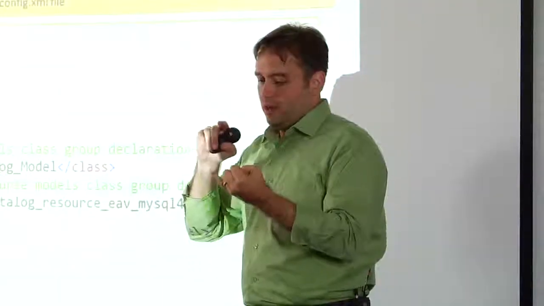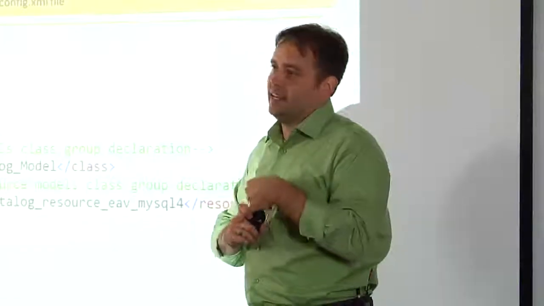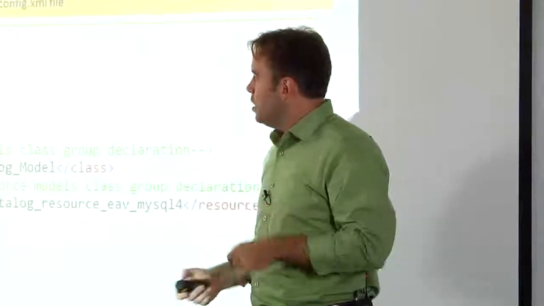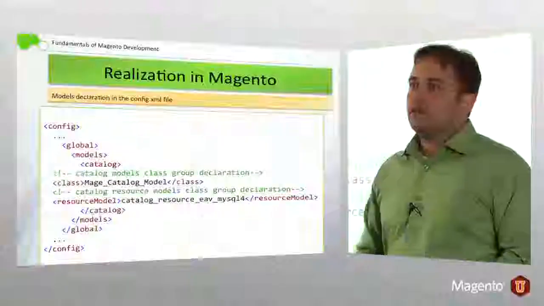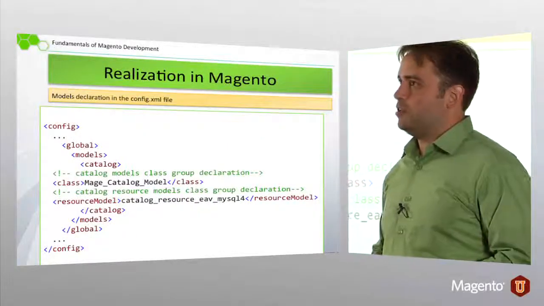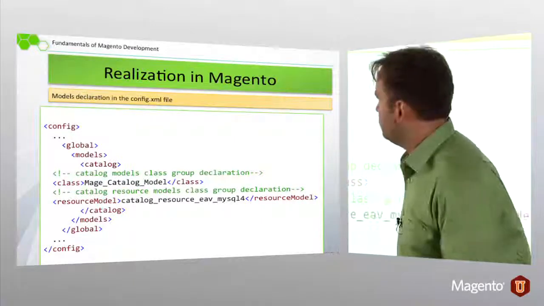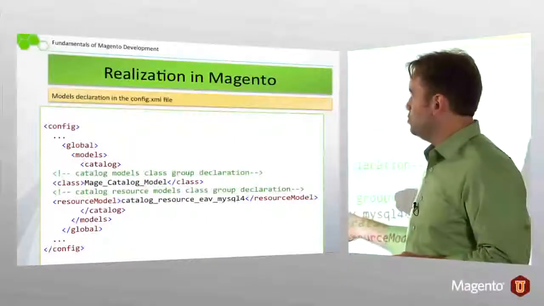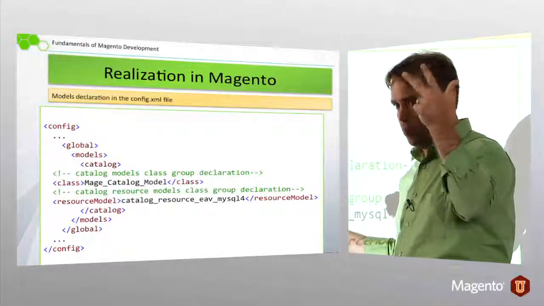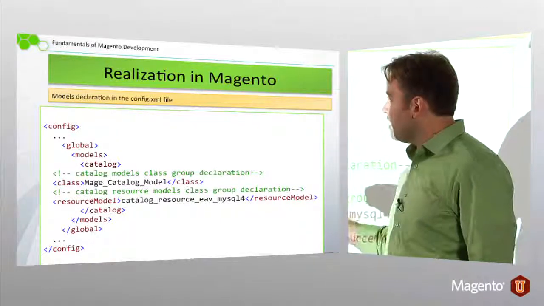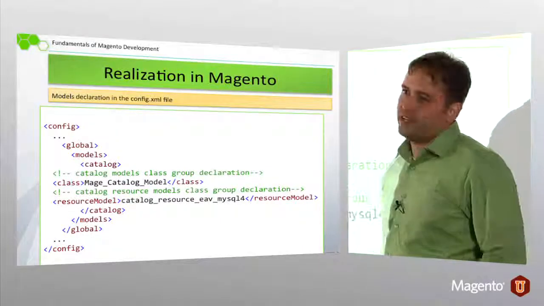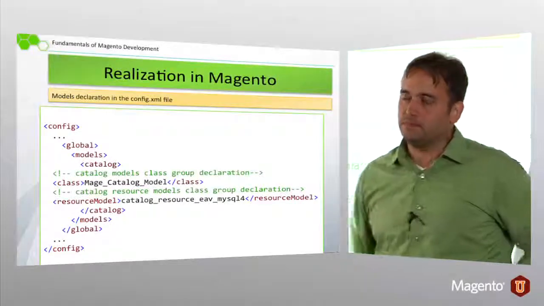This always will be a prefix for the class name contained in that file. All right? So here is everything you need to know about class group definitions in Magento: config global, and then either models, helpers, or blocks. Inside that node, you make a node that is whatever you want it to be.